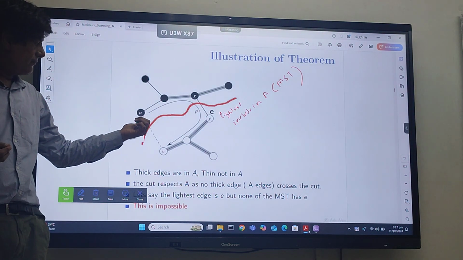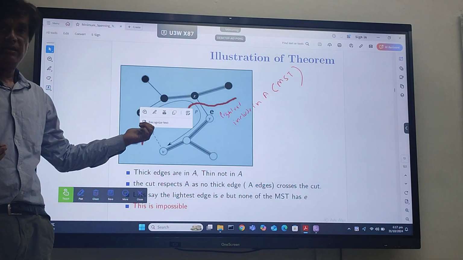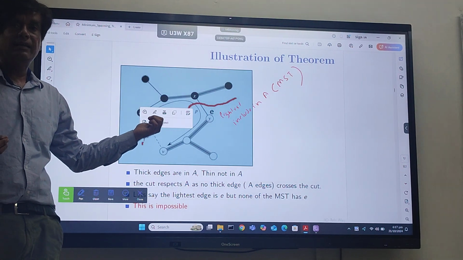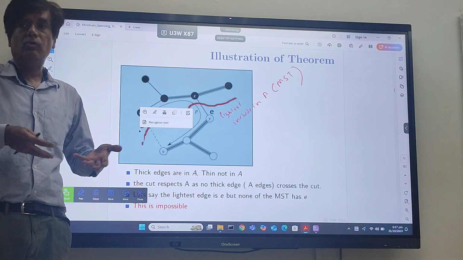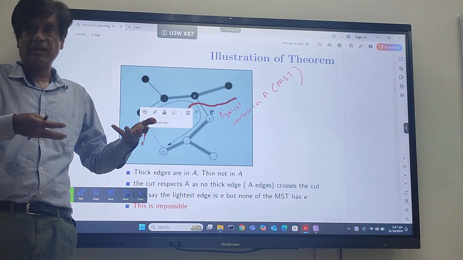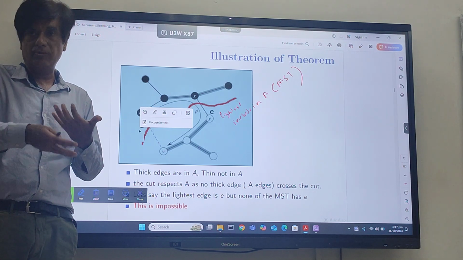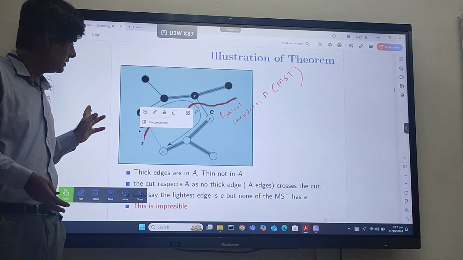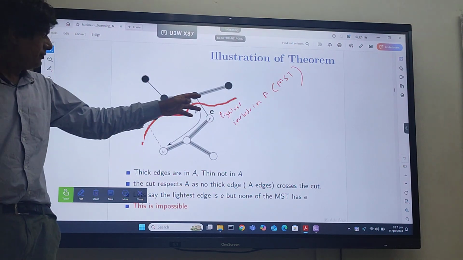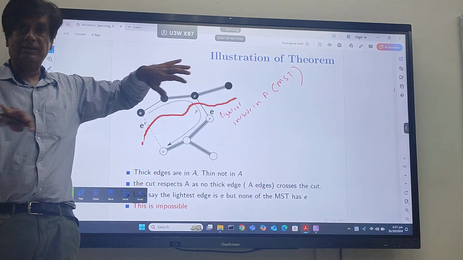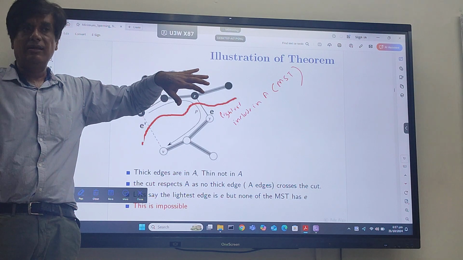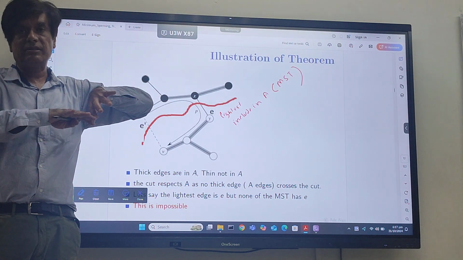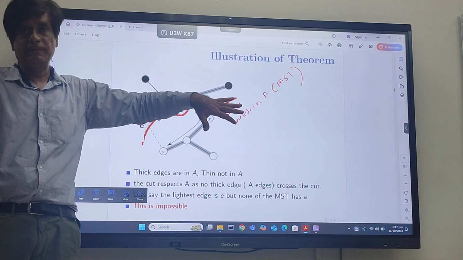Because if we choose another edge, say E dash, this would either be heavier than E, which will mean that it will not be an MST. If we don't include any of these, that will mean that these two parts are disconnected. That will disobey the condition of a spanning tree.